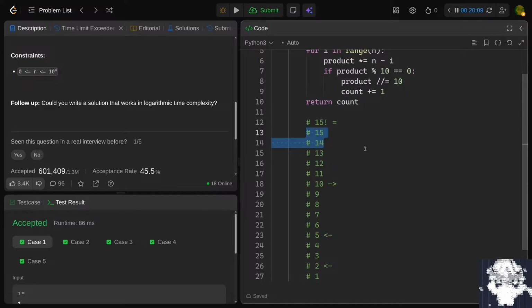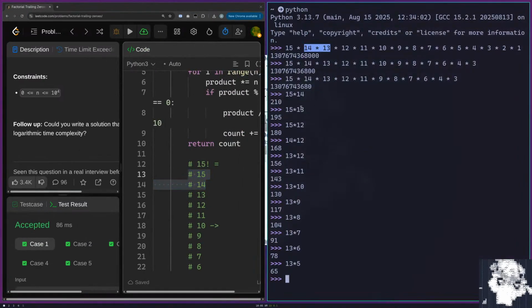Like, why does 15 times 14 give a multiple of 10?